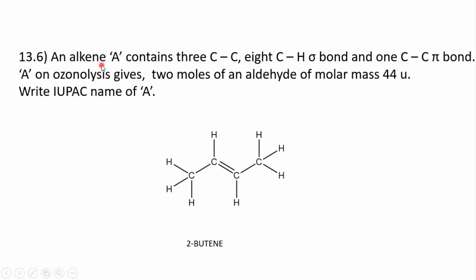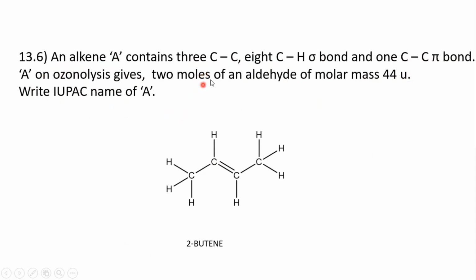And here, an alkene A contains 3 C-C, 8 C-H sigma bonds and 1 C-C pi bond. And A on ozonolysis gives 2 moles of an aldehyde of molecular mass 44 units. So write the IUPAC name of A. So here an alkene A contains 3 C-C sigma bonds.